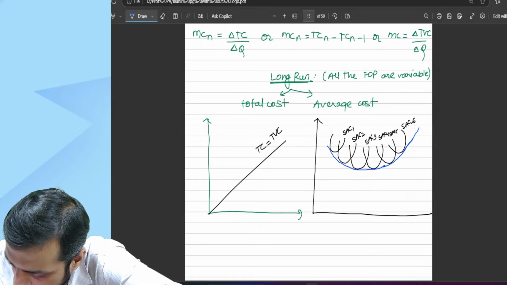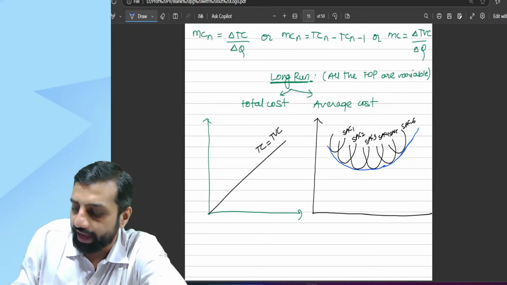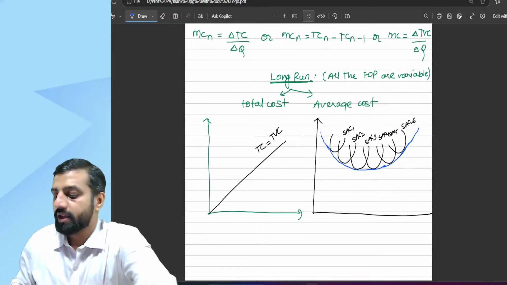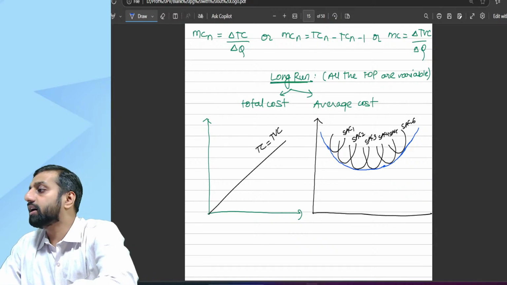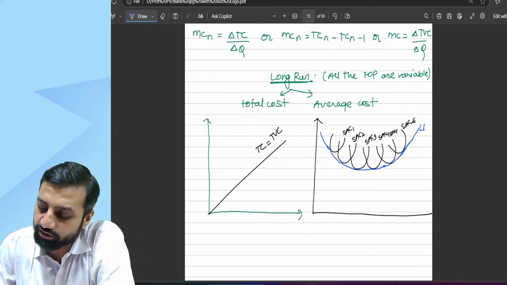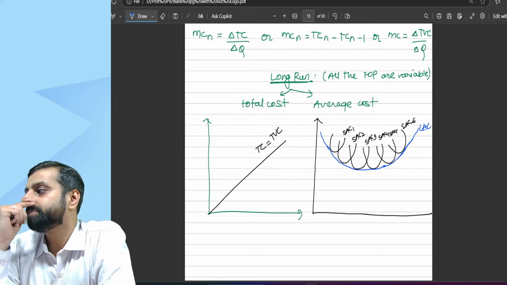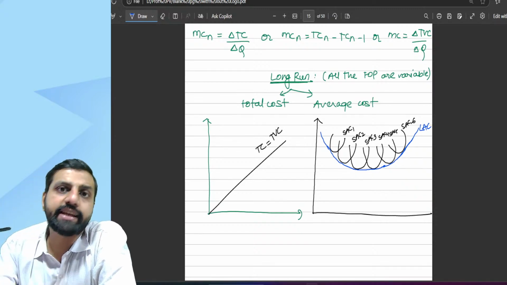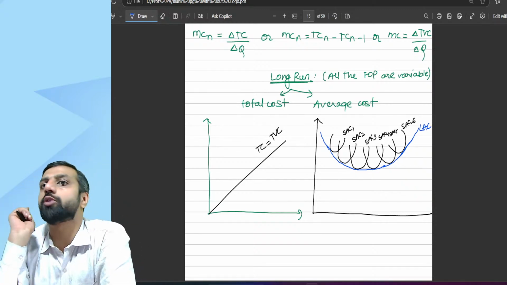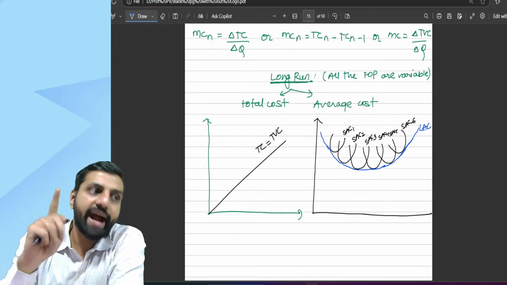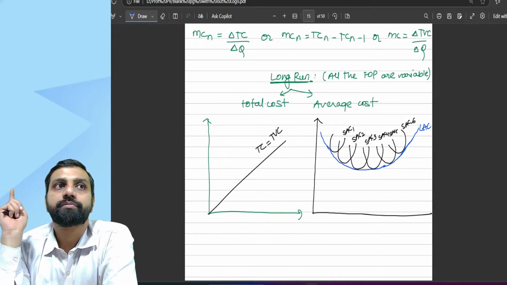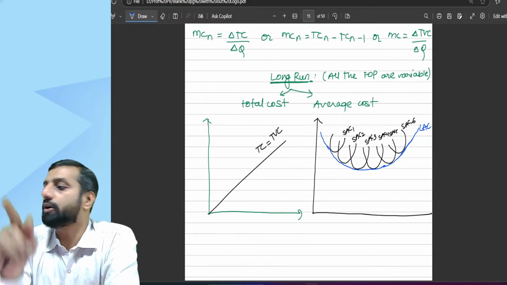So a series of SAC gives me a long run average cost curve by the name of LAC. LAC represents least cost output at all levels of output.